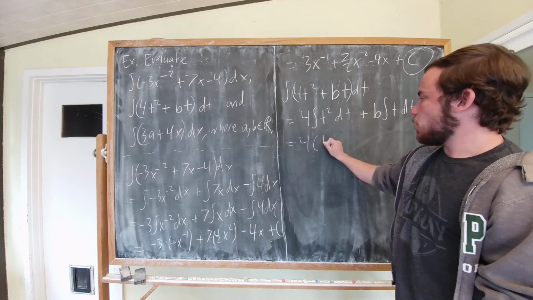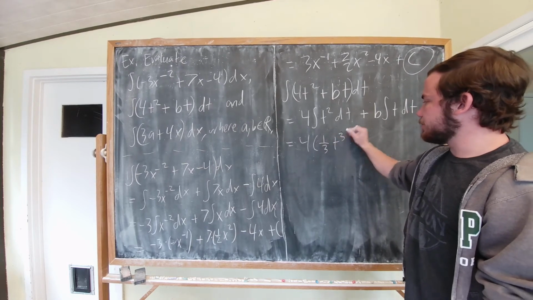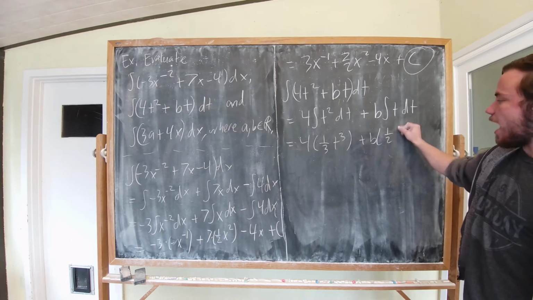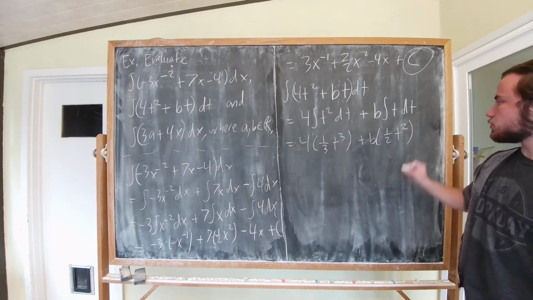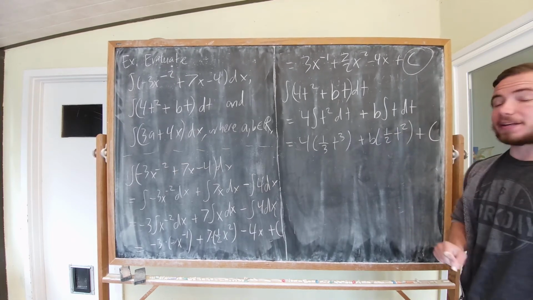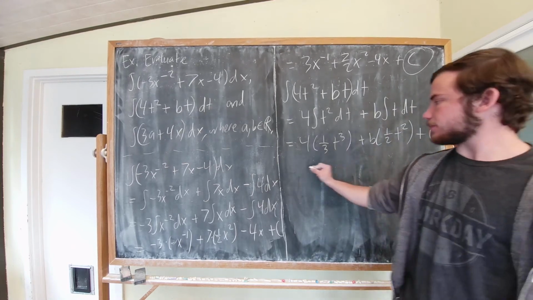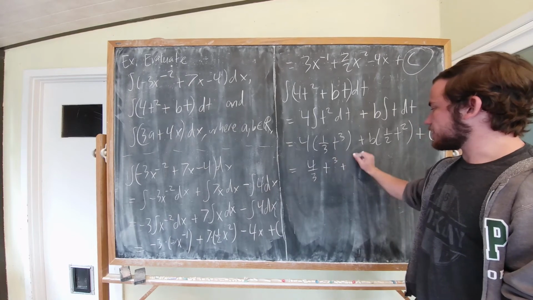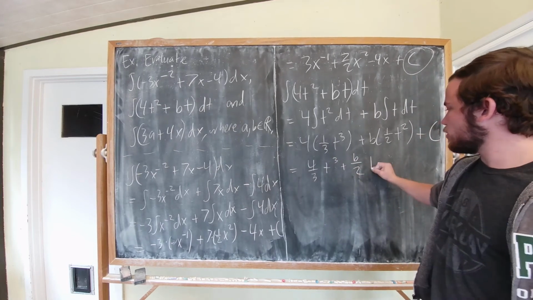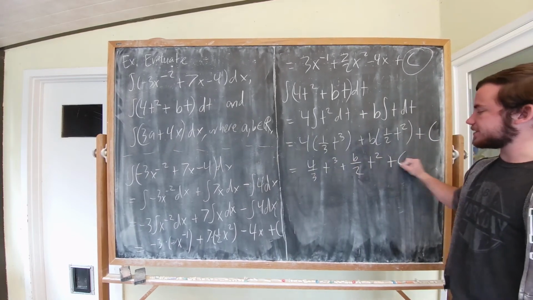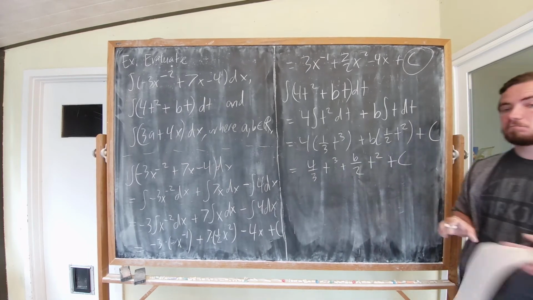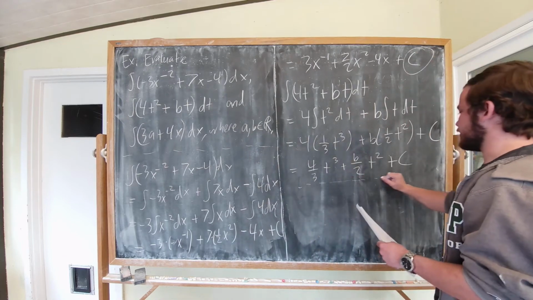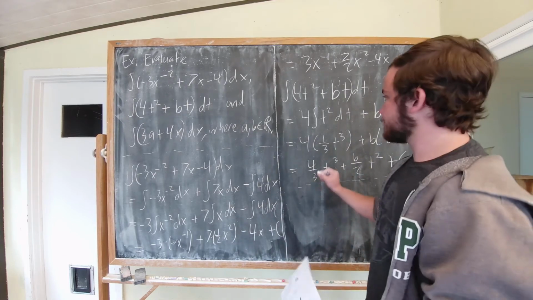That'll give you 4 times 1/3 t cubed plus b times 1/2 t squared, all plus c at the end. So you get 4/3 t cubed plus b divided by 2 t squared plus c. Nice and simple. Let's try the last one. Same kind of idea for it.